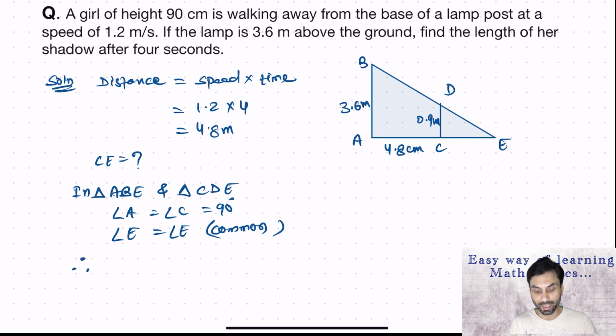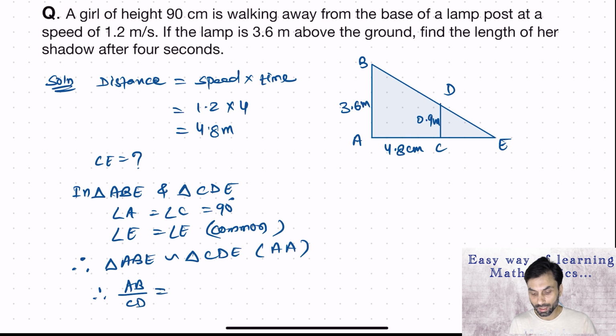So by AA similarity criteria, we can say triangle ABE is similar to triangle CDE. And since the triangles are similar, we can say their corresponding sides will be proportional. So we can say therefore AB upon CD equals AE upon CE equals BE upon DE.